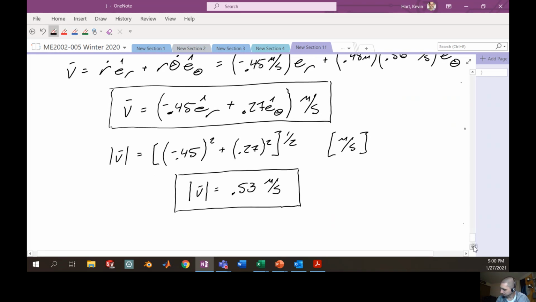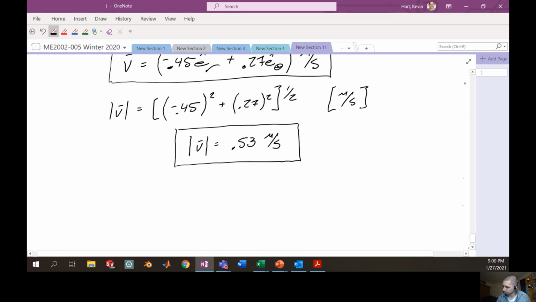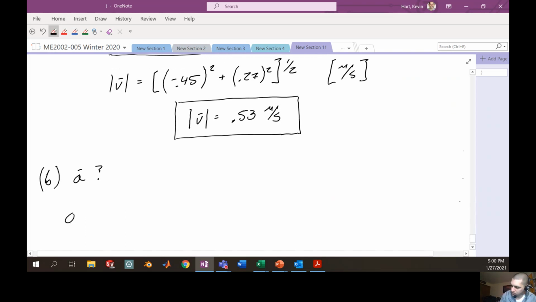Okay, part B. We're asked for what is the acceleration. Again, we have all of the bits and pieces to plug into our acceleration equation. So remember our acceleration equation. We have all of these crazy terms, but we've talked about their physical meaning.